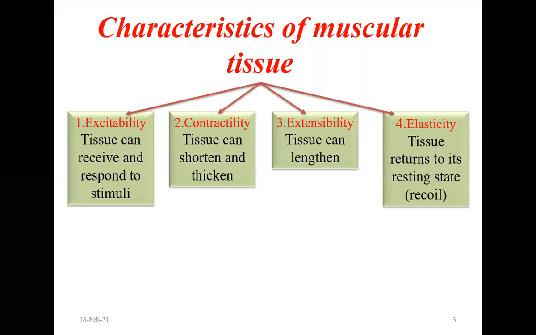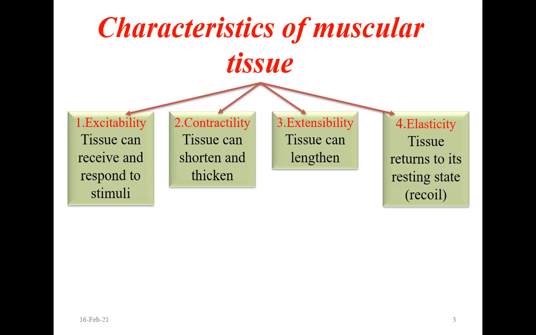Okay. What do you mean by excitability? Here, the tissue can receive and respond to stimuli, just like the nerves. In some regions, the muscle has a specialized feature where the impulse will travel. But normally the cells of the muscle tissue can receive as well as respond to stimuli.